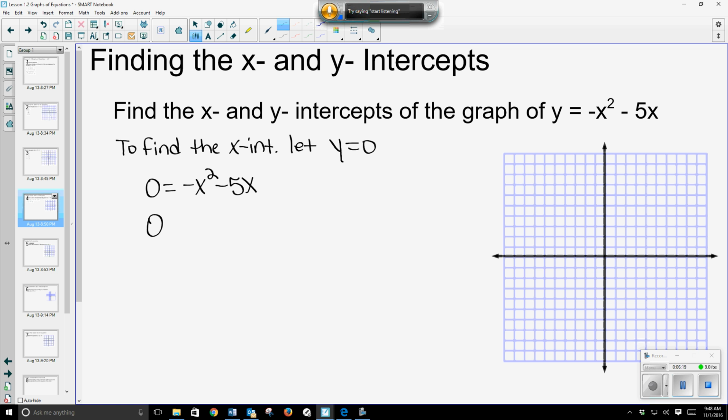So we need to factor out a negative x. And if you do that, you get x plus 5, right? Set each factor equal to 0. Negative x equals 0. x plus 5 equals 0.